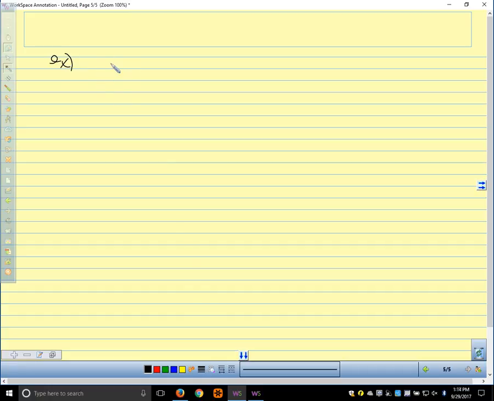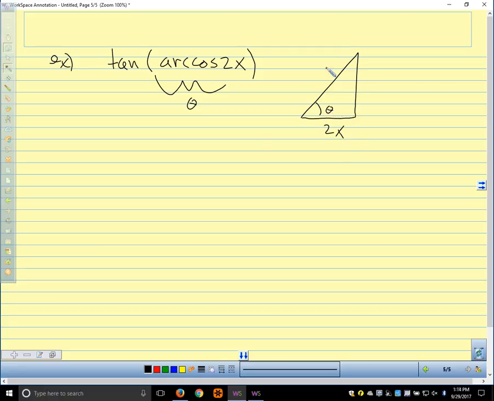All right. Same thing as last time. We want the tangent of the arc cosine of 2x. All right. Stay with me, folks. We're going to do this the same way. This is the angle whose cosine is 2x. So let's call it theta. We'll draw a picture of that angle. There's theta. The cosine is 2x.